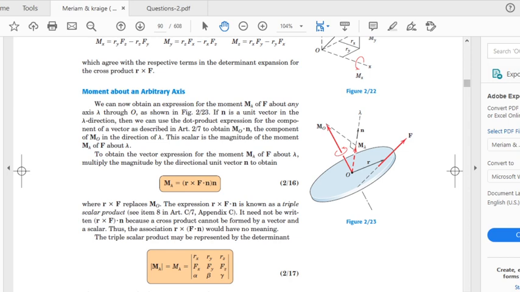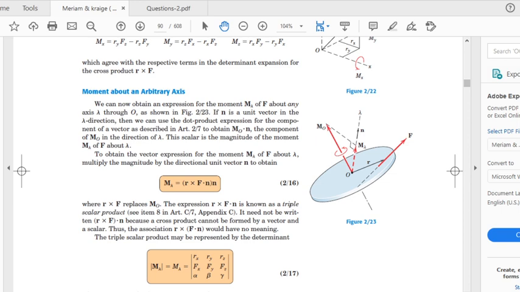So when we are to take the moment produced by a force about a line, we first have to take the moment produced by the force about any point on that line, and then we have to take the dot product of this moment about a point on that line with the unit vector along that line.